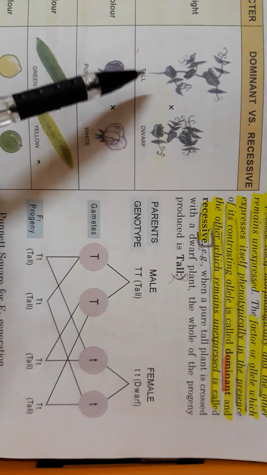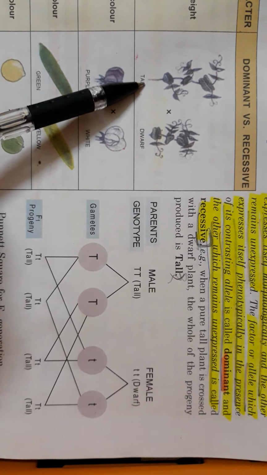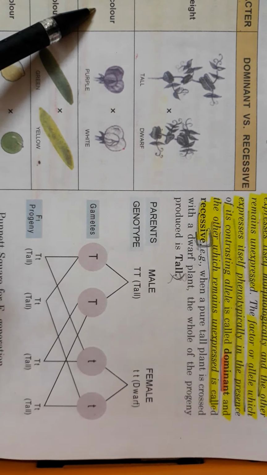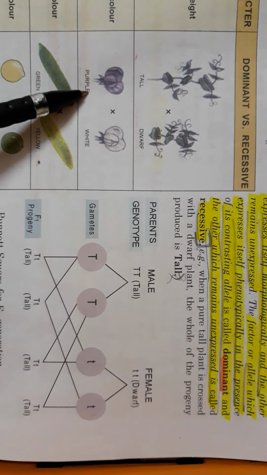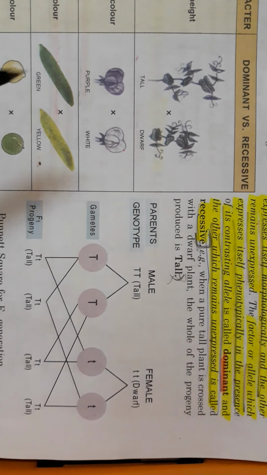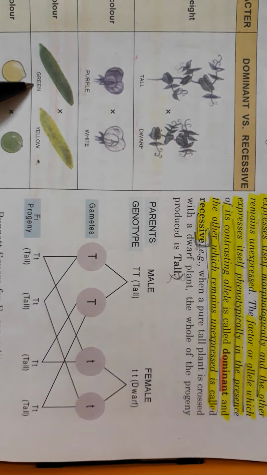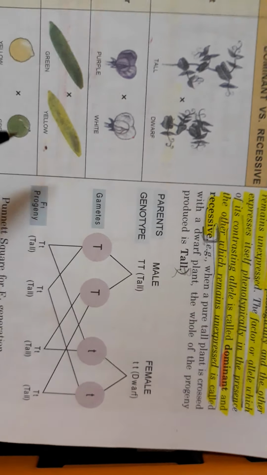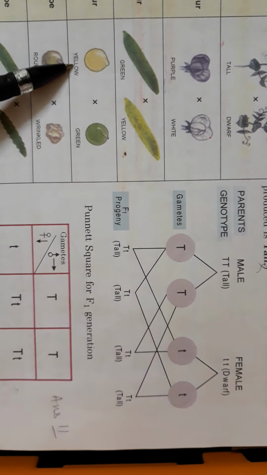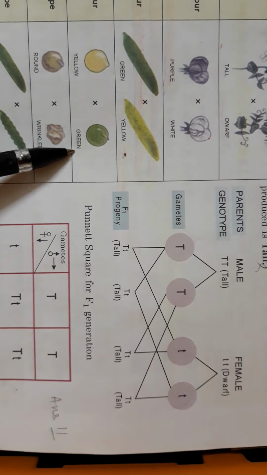For plant height, the taller plants are dominant and the dwarf plants are recessive. For flower color, plants producing purple flowers were dominant and white recessive. For pod color, green is dominant and yellow is recessive. For seed color, yellow is dominant and green is recessive.